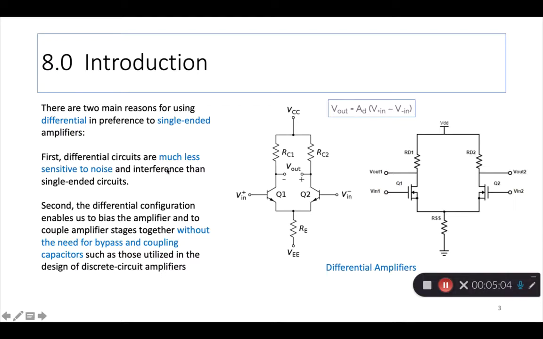Less sensitive to noise: if you have a small signal coming onto the input, but that signal is being thrown back and forth because of some noise, that means some heavy DC level is shifting the little signal, then with a differential configuration like this, you can easily eliminate that noise and only focus on the signal of interest.